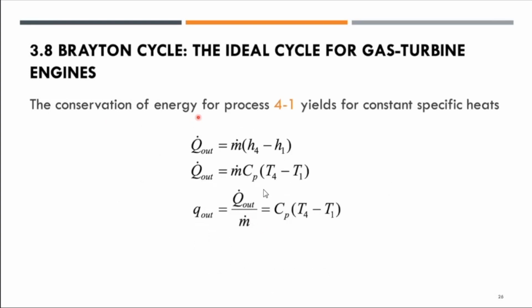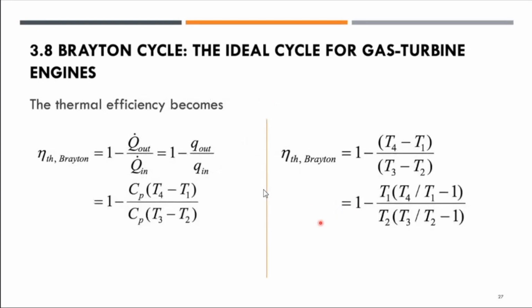Applying conservation of energy for process 4 to 1, which also yields constant specific heat. You can conduct the same exercise for process 4 to 1 now, where heat is being expelled. Q out equal to m dot times H4 minus H1. You use the same approach, you will get Q out equal to Cp times the temperature difference between 4 and 1, right?